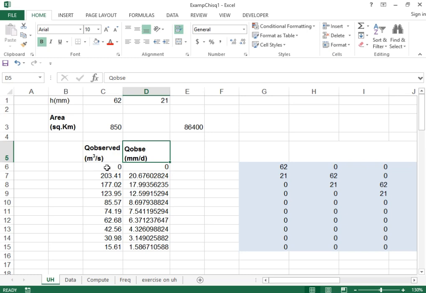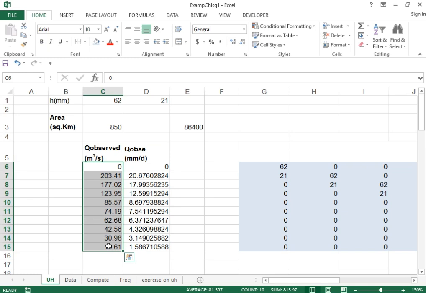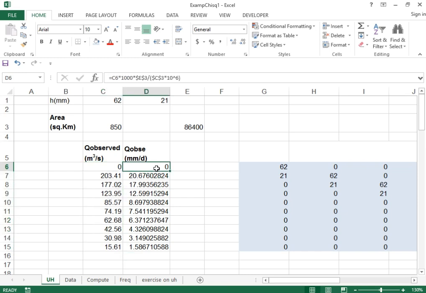So actually we have this data, the discharge in cubic meters per second, and when we convert it into millimeters per day, we have this data.